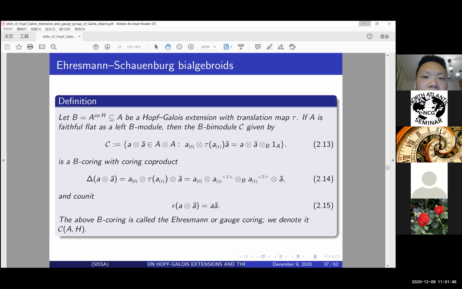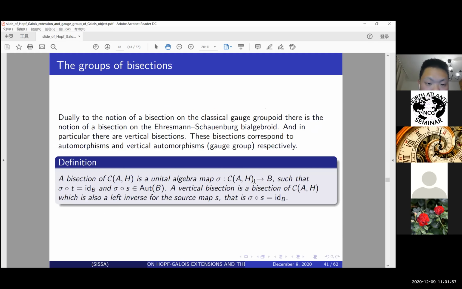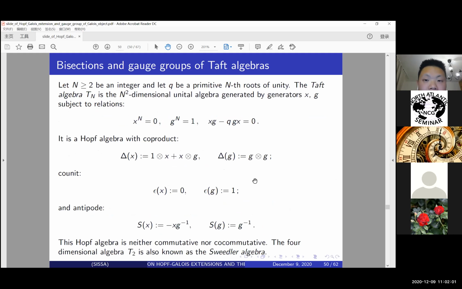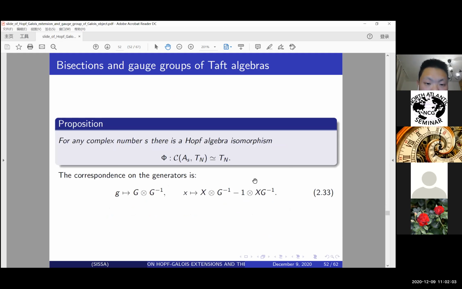Can you show this slide again? You have some slides. Show the slide. Yes, sure. Let me show the slide again. For the Taft. Okay, so this is the Taft algebra. Yes, we know it. And then there is an isomorphic map between the Taft algebra and the X-man algebra, and on the generators we have the correspondence.